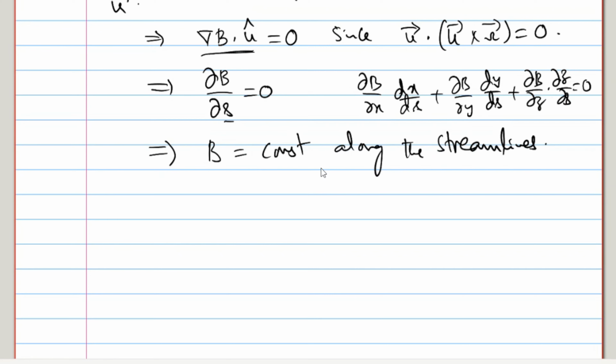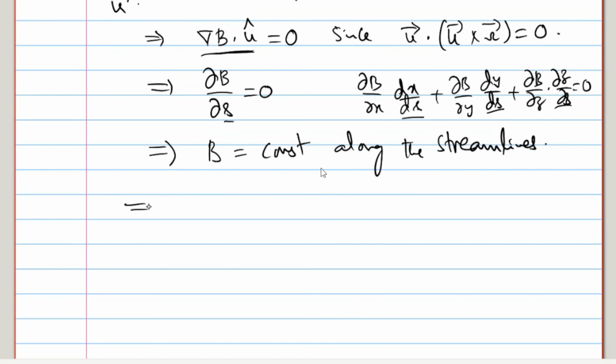See, this is a dot product of the gradient with (dx by ds, dy by ds, dz by ds), which is basically a tangent to the streamline. So that's gradient dot u bar, where u bar is (dx by ds, dy by ds, dz by ds), and s is the parameter of the curve. The curve is the streamline curve.